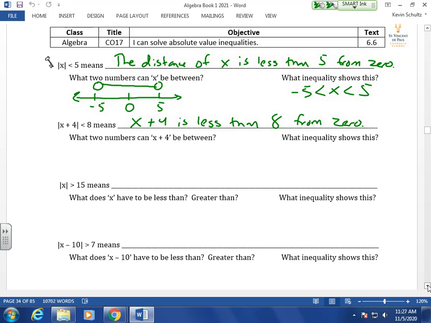We do still need that from 0 in there because just saying x plus 4 is less than 8, that's only half of it, right? X plus 4 is less than 8 from 0 means we have to include both sides of it. So if we were to graph this, what two numbers could x plus 4 be between, what's our low limit and our high limit here, if we know it's less than 8 from 0? Lauren? -8, +8.